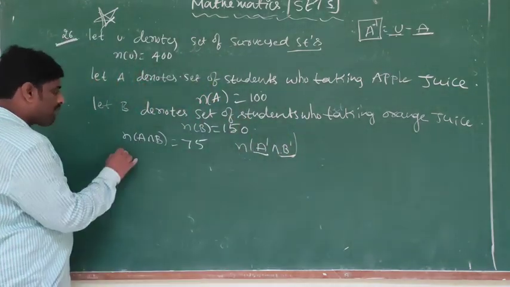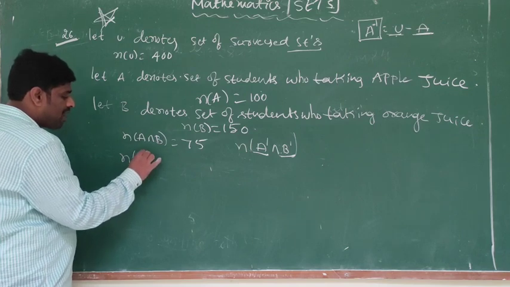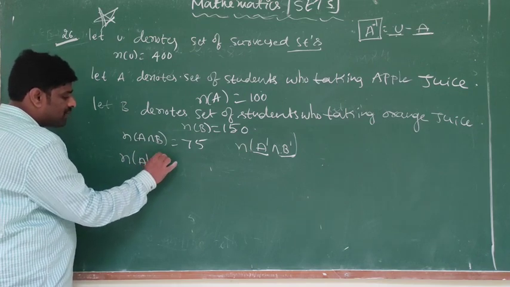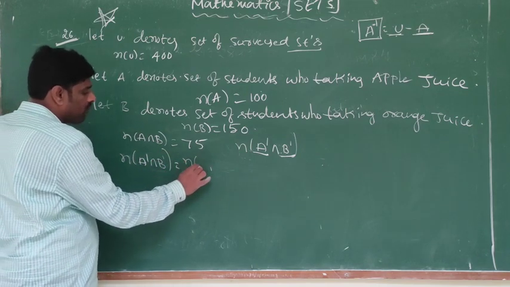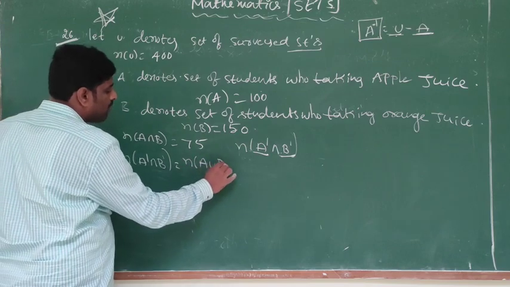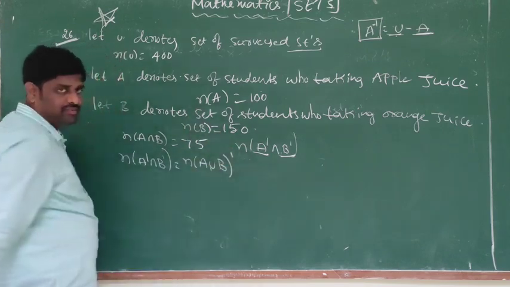Now we have one property: n of A dash intersection B dash is equal to n of A union B whole dash.